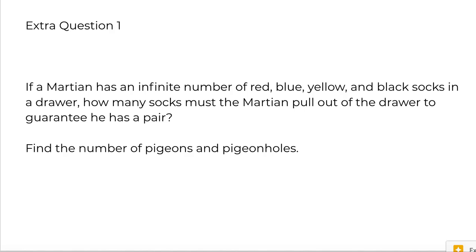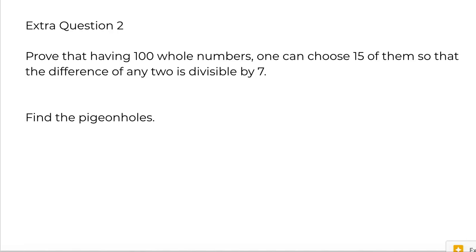The first one was another pigeonhole principle question where you had to identify the pigeonholes, and this was the basic pigeonhole principle, where you just wanted to make a pair, that is 2 pigeons in one pigeonhole. Then you did another question. There was the extended pigeonhole principle question where you had to choose 15 of the numbers such that any 2, when you find the difference, is divisible by 7.